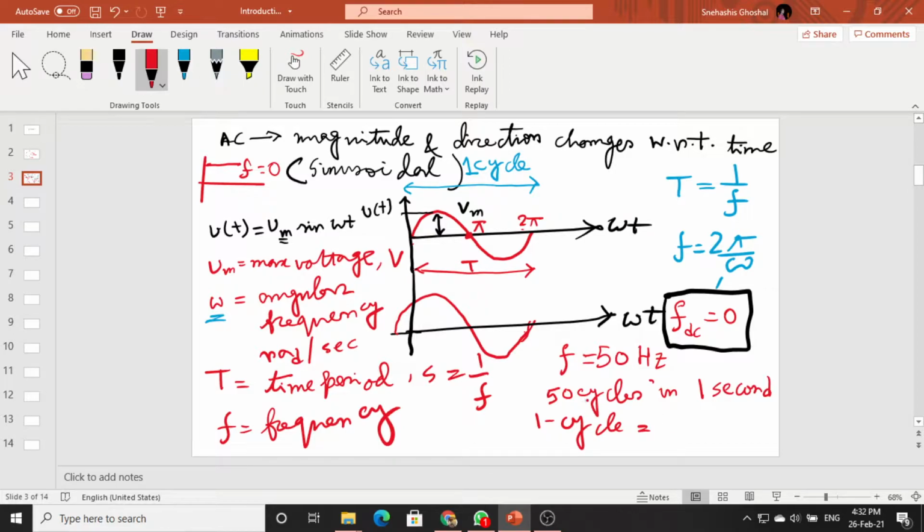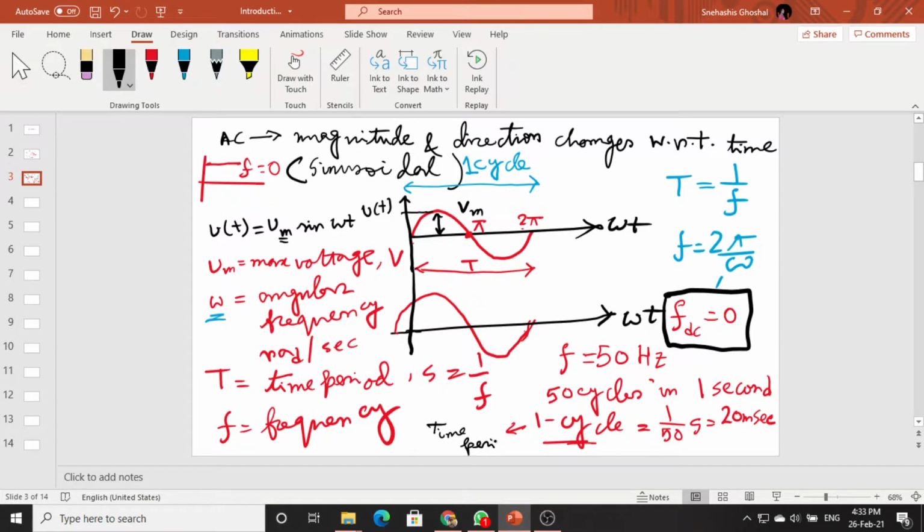If we see 50 cycles in 1 second, 1 cycle will be observed in 1 by 50 second, or in other words 20 millisecond. So the amount of time to observe 1 cycle is known as time period. Clear? So this is the basic concept.